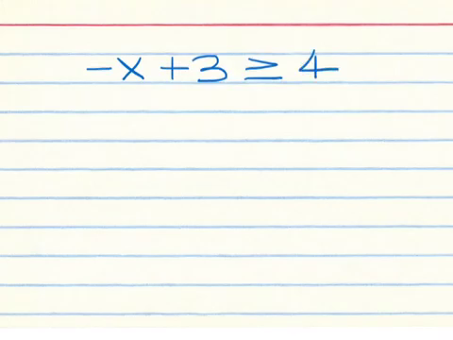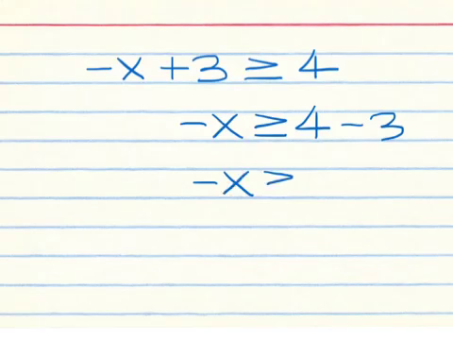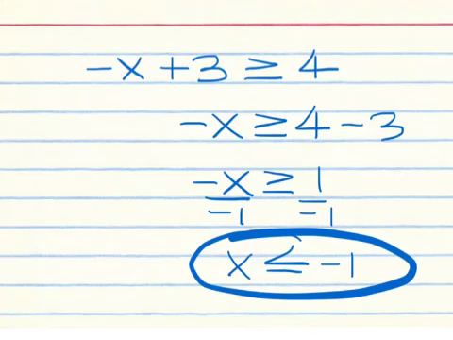Keep the negative x on the left. The 4 on the right, move the plus 3 over, make it minus 3. Simplify to get 1. Divide both sides by negative 1. Flip the inequality sign.